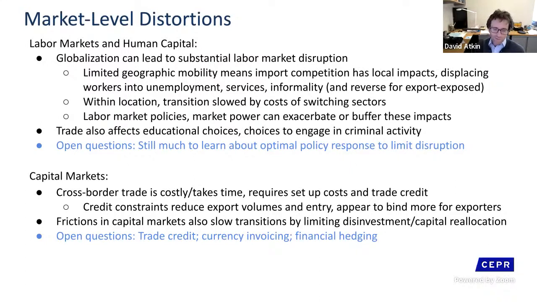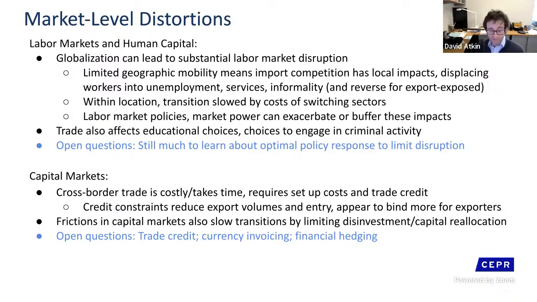So in the review, we highlight a bunch of open questions in capital. For us, the really big ones are, we think trade credit's a huge deal, but also the plumbing of international trade has been very understudied, particularly currency invoicing, whether you can invoice in your own currency. Typically not if you're a developing country.